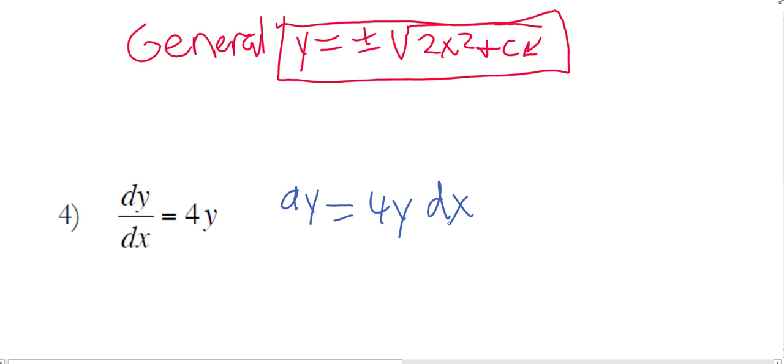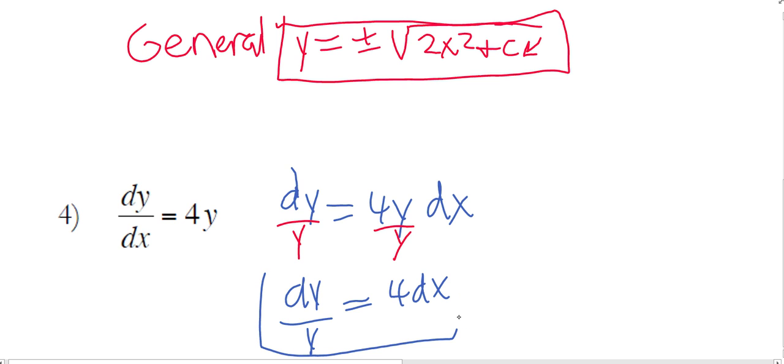Well, we need to get our y out of the right hand side, so I'll divide both sides by y, and I'll end up with dy over y is equal to 4 dx.